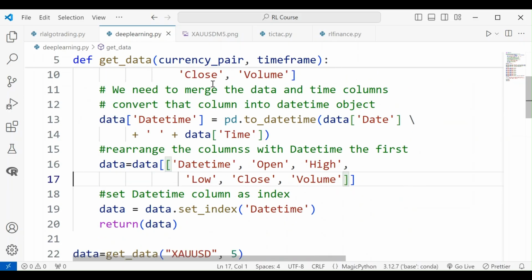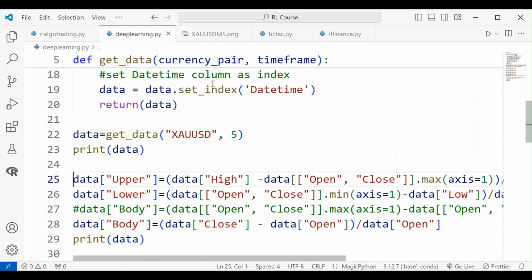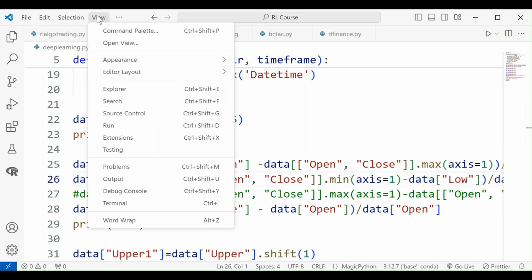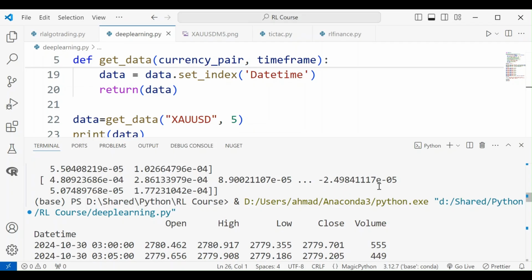So I have stored the gold dollar 5 minute data on my hard drive, so I'll get it, print data. This is that print data.